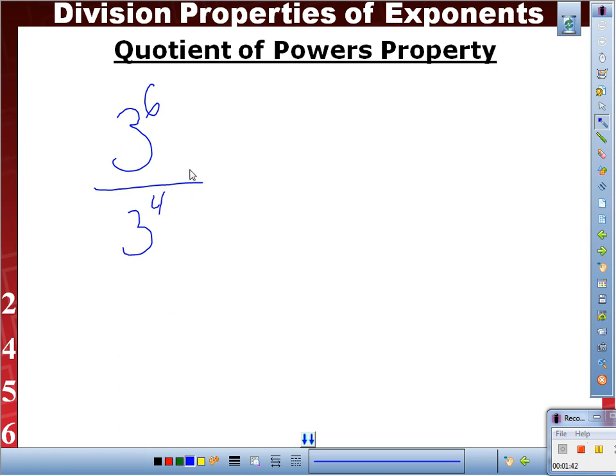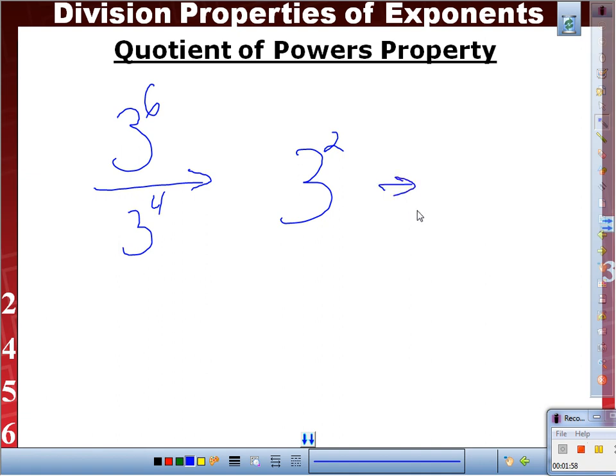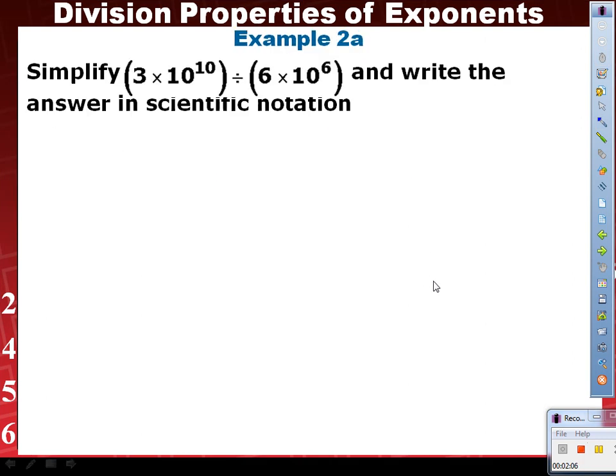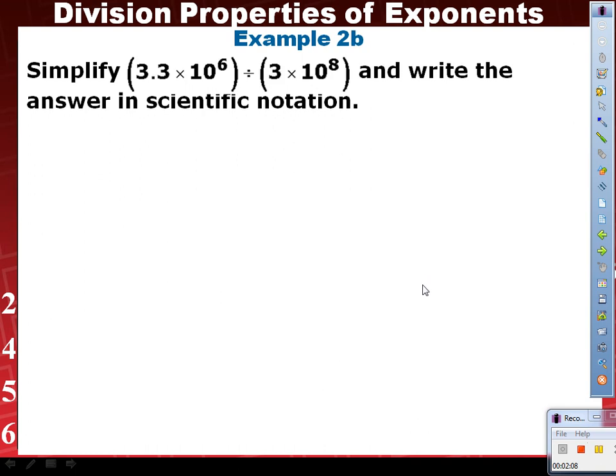And we agreed that if it was the same base, tell your neighbor what happens to the exponents. So therefore we get, are we there? And then from there I said you can do the next step, which is simplify, and that gives us 9. Yes? And then we did some examples here in class, and so on and so forth.